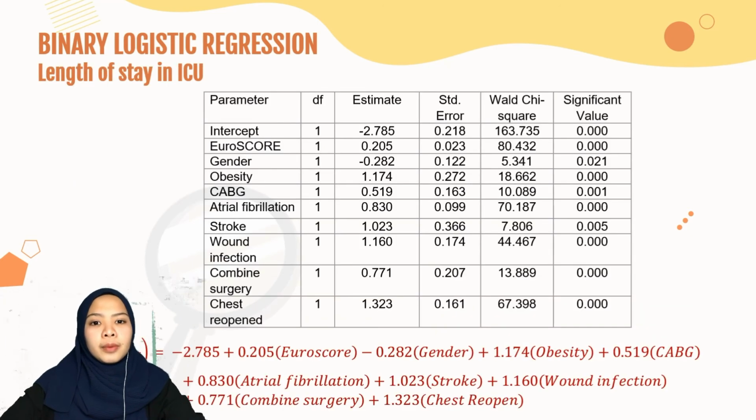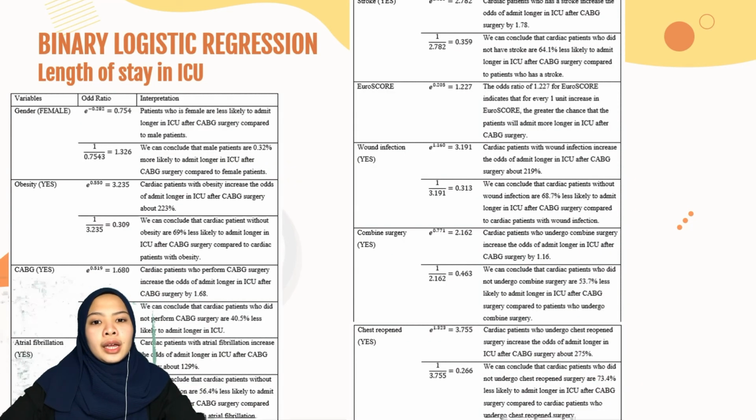Next, from the analysis of maximum likelihood estimates for length of stay in ICU, there are 9 variables that are significant, and this is the estimated model. Next, this table shows the odds ratio for each significant variable in the estimated model for length of stay in ICU for cardiac patients who underwent CABG surgery.